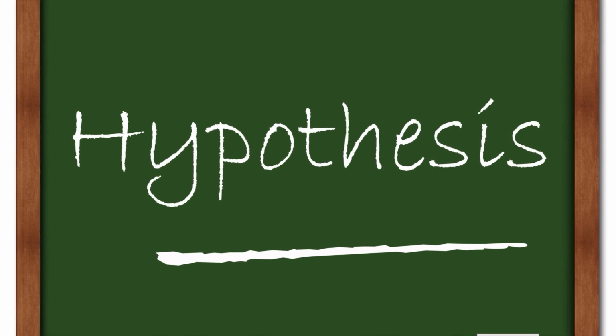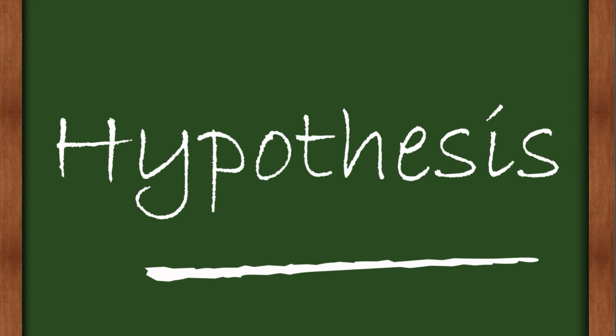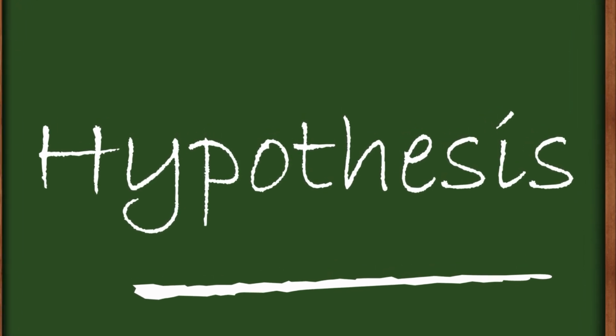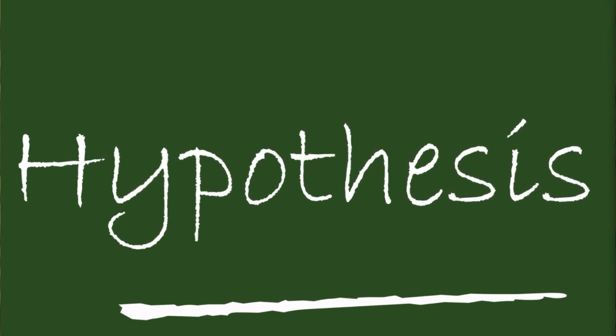Let us summarize what we have learned under the hypothesis testing procedure. Hypothesis testing is an important aspect of inferential statistics, where different types of hypotheses are formulated, and we also learnt about the difference between null and alternate hypotheses.